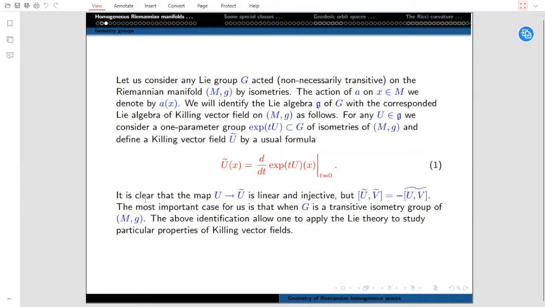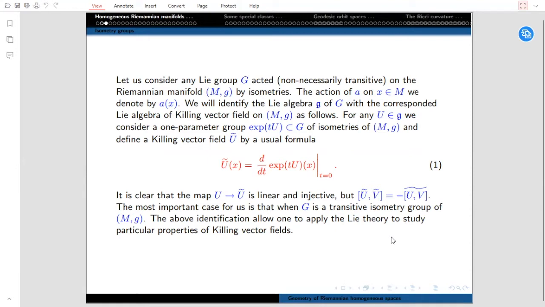It's clear that the map is linear and injective, but the bracket between vector fields on the manifold is the minus of the vector field which corresponds to the bracket between the original vector fields in the Lie algebra.